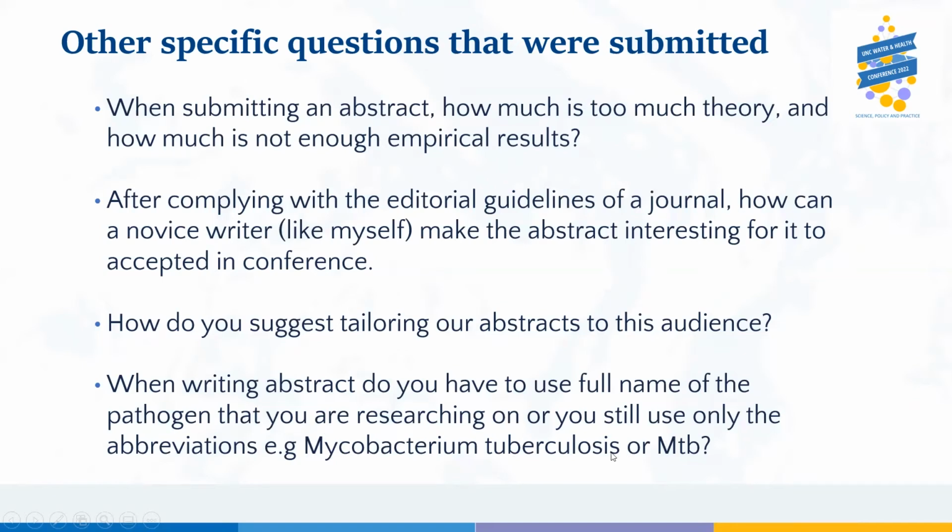Or you can use the full name once and then put MTB in parentheses, but you should in some way introduce the full name. Just saying E. coli is fine, so you don't necessarily have to put both full words there, but I would introduce it before you go into an abbreviation.